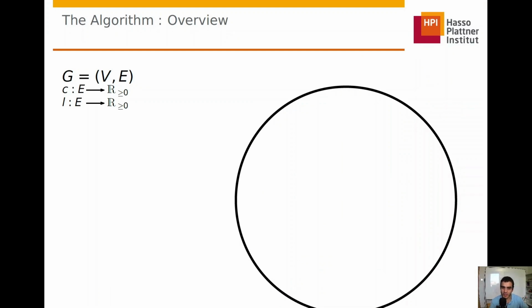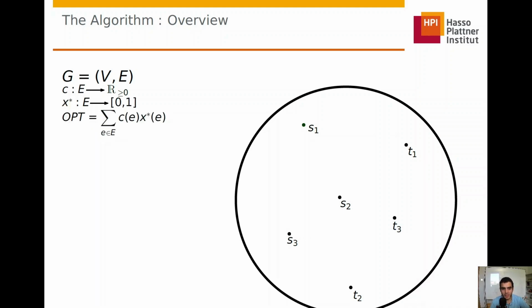Now that we have all the ingredients to see how the algorithm works, let me give you an overview first. So we have our graph G, we have capacity on the edges, and we also have length on the edges. We get our multicut instance with our SI-TI pairs placed as follows. And from that, we can get our x star function from the relaxed linear program. And we have this opt value that is basically just the value given by the relaxed linear program.